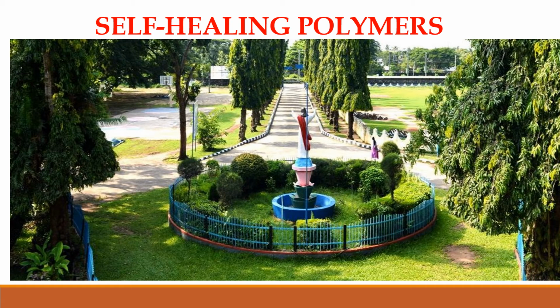Self-healing polymers are certain smart polymers which are capable of repairing themselves when they are damaged. That means when a crack or breakage occurs in the structure of that particular polymer, the polymer automatically repairs the damage and hence gets healed.